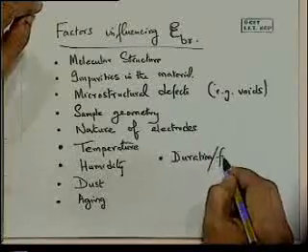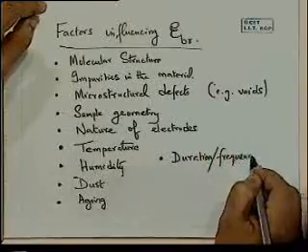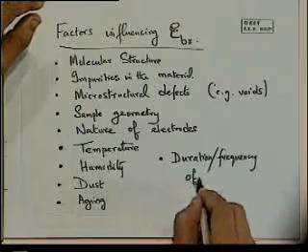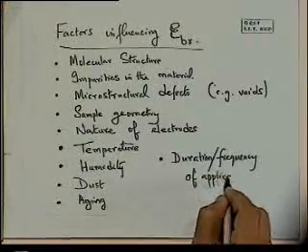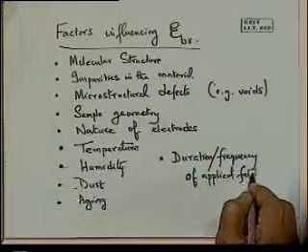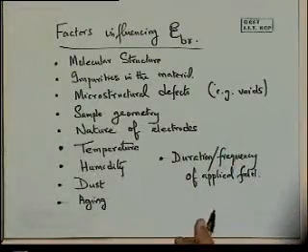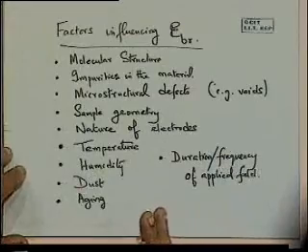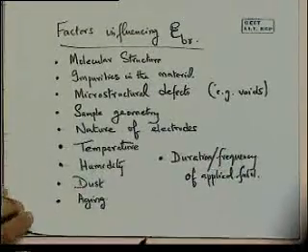It may be able to sustain a very high field for a very short period of time, but if you apply the same field for a very long period of time, it could lead to failure. And as we saw earlier, depending on the particular mechanisms that are operative, frequency could also play a role. Duration and frequency of applied field. These are different types of factors that could play a role in shaping the breakdown field.